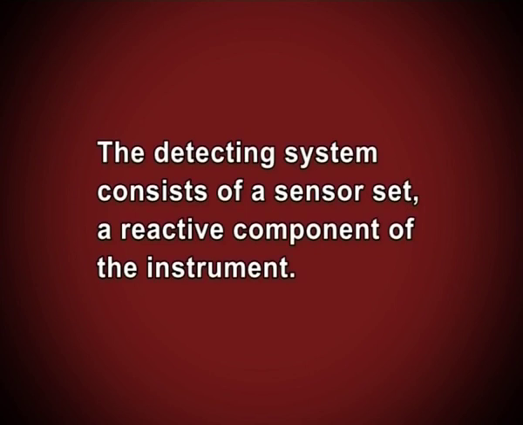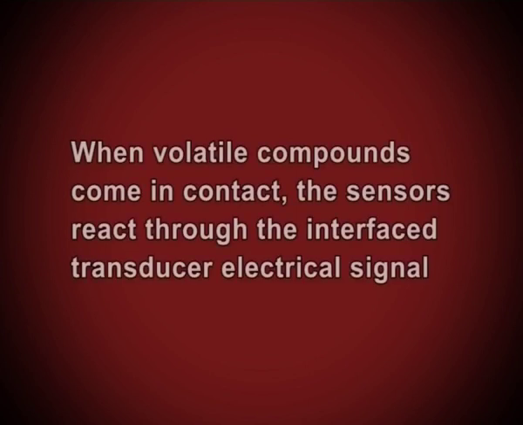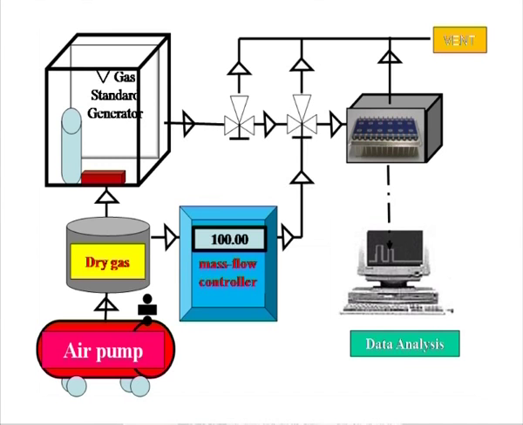The detecting system consists of a sensor set, a reactive component of the instrument. When volatile compounds come in contact, the sensors react through the interface transducer electrical signal. A specific response is recorded by the electronic interface, transforming the signal into a digital value.